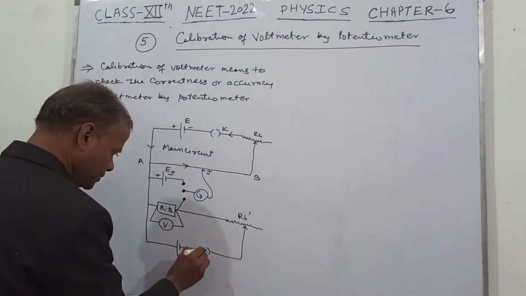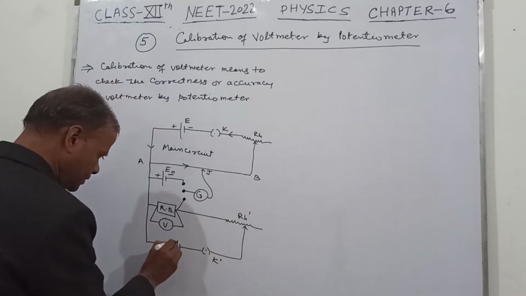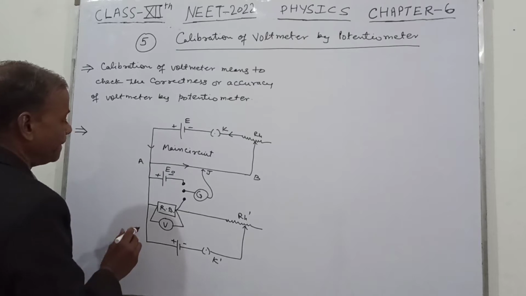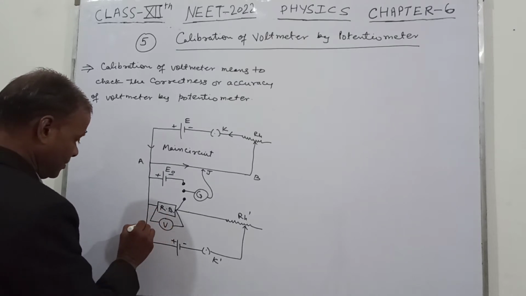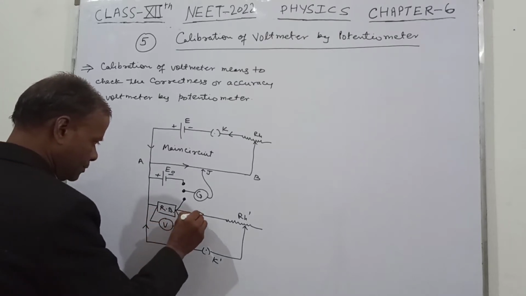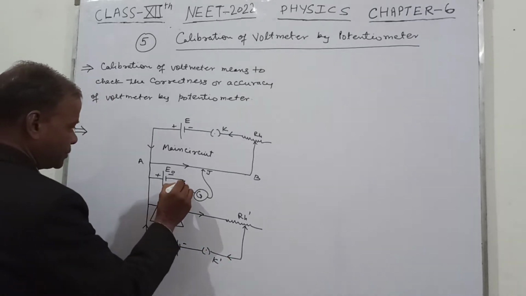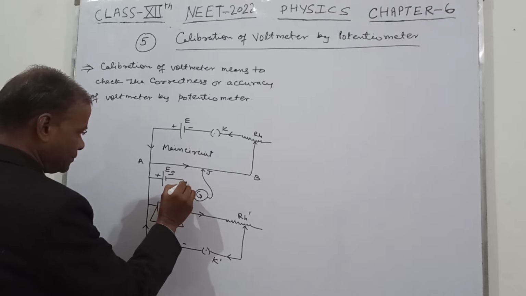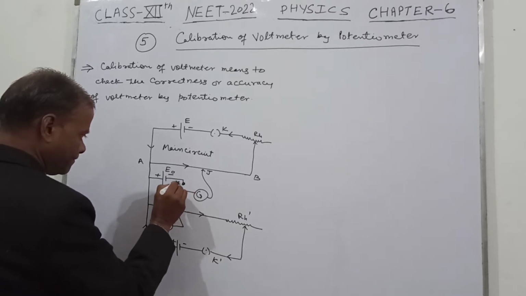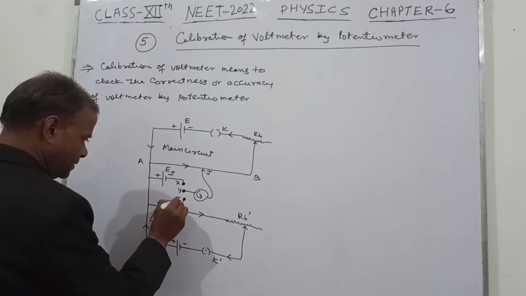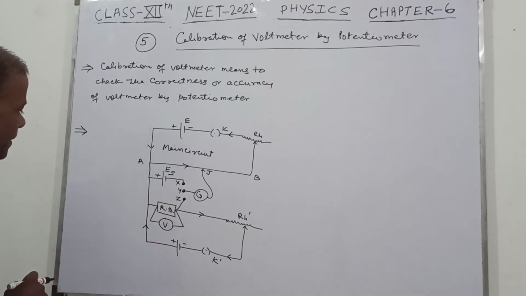R is this. Now conjugate this. This is now E. This is the current in this circuit. This is your X, Y and Z. This is not a two-way key.